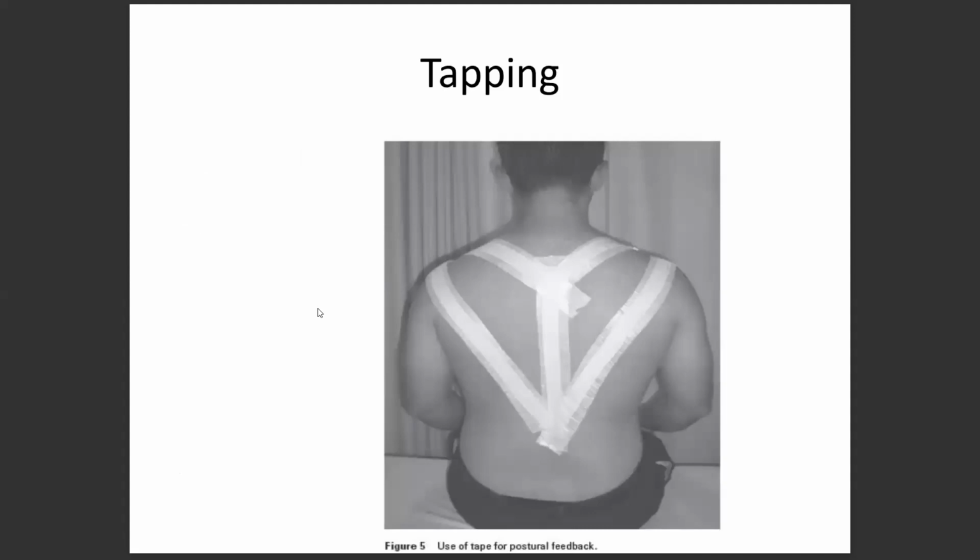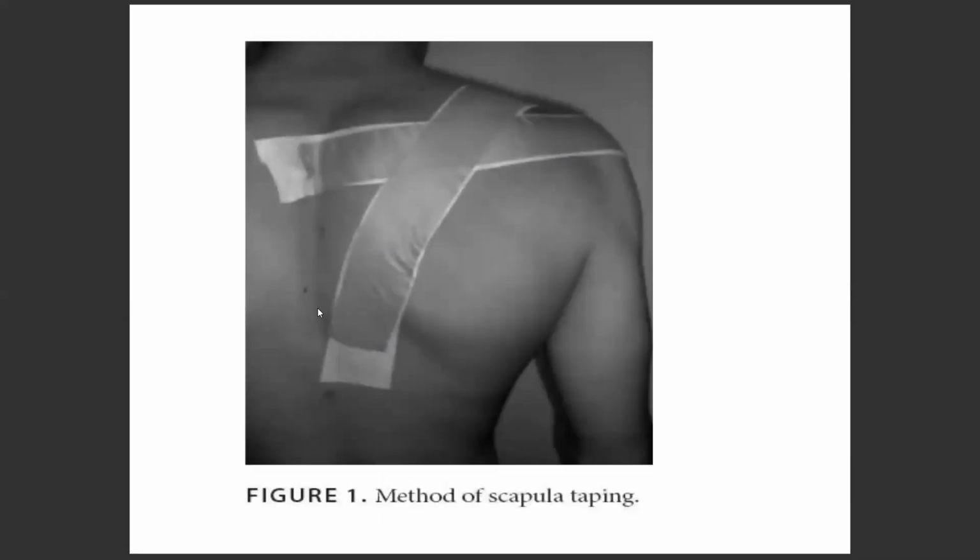This is the taping for the patient, which will also be used and gives postural feedback. This is the scapular taping, specifically when there is complete winging, that classical winging of type 2 scapular dyskinesis, and the entire medial side is prominent.